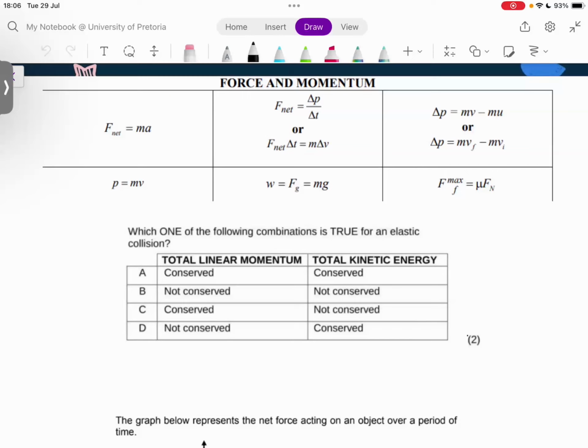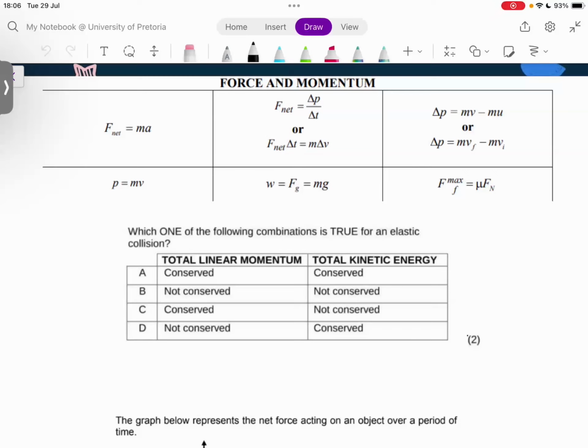Okay, somebody's saying I should speak louder. Someone in the chat says that an elastic collision means we have the same kinetic energy. Someone else says that the kinetic energy and momentum are conserved. And it seems as though you generally get the idea of what an elastic collision is.